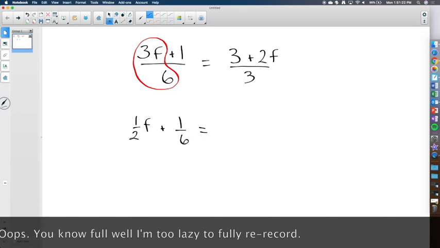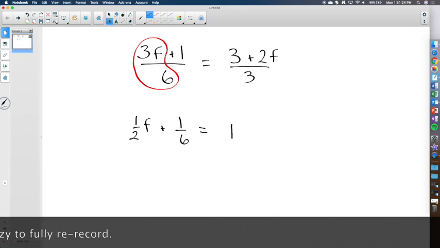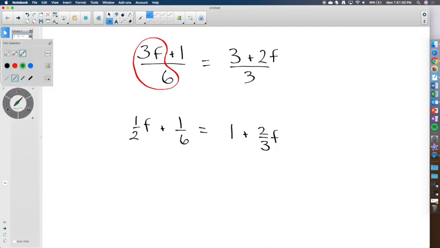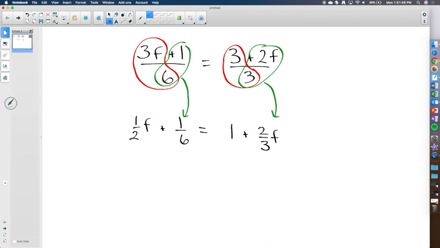And on the other side, if I do 3 divided by 3, I get 1 plus the 2/3 f, right? And simply that's just taking each term up top divided by what is in the bottom of our fraction here, right? So it's everything in the numerator divided by what is in the denominator, and really that's all I did to get these different numbers, okay?